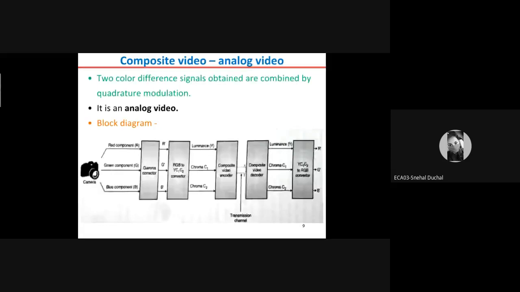At the receiver side, we have to display the video in color format. For that purpose, we convert the YC1 C2 model into the RGB model and it can be displayed on our TV monitor, so we can display the video on a monitor.